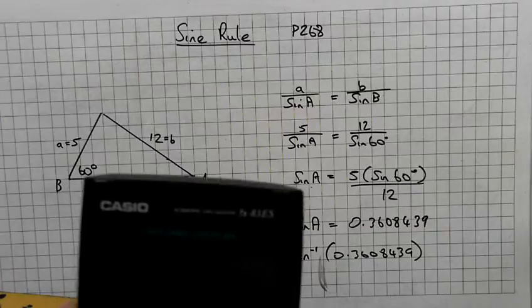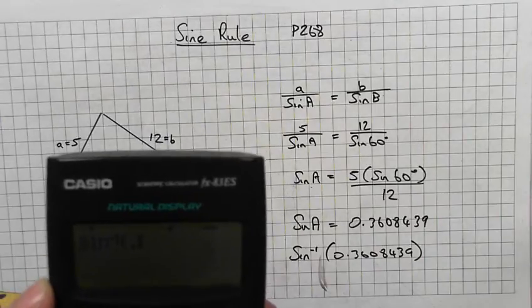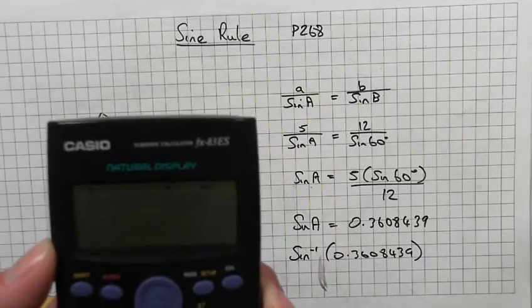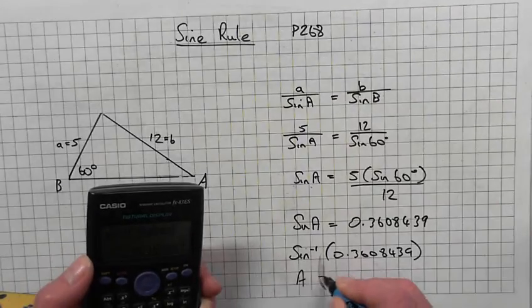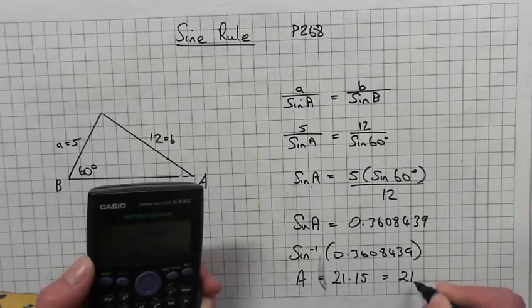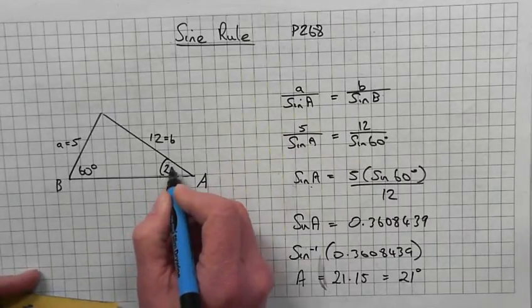So shift, sine inverse, 0.3608439 gives 21.15. So A is equal to 21.15. Round it off to 21 degrees. So A is 21.